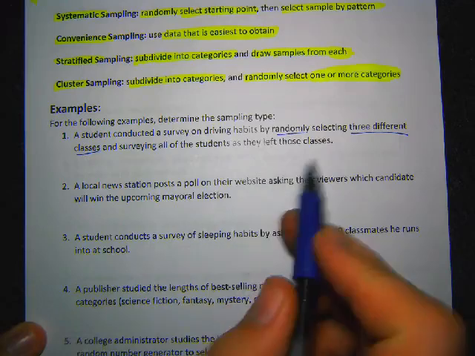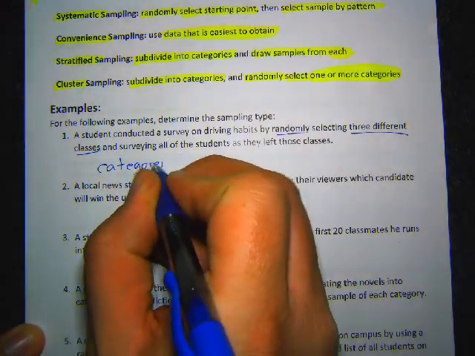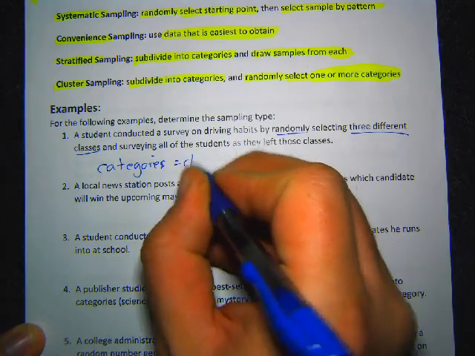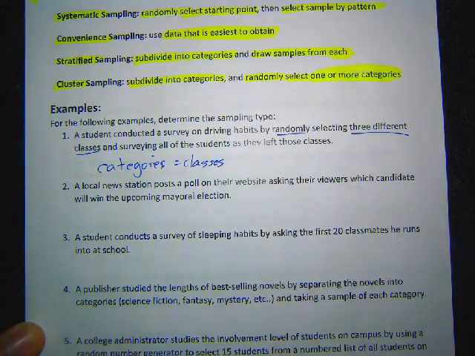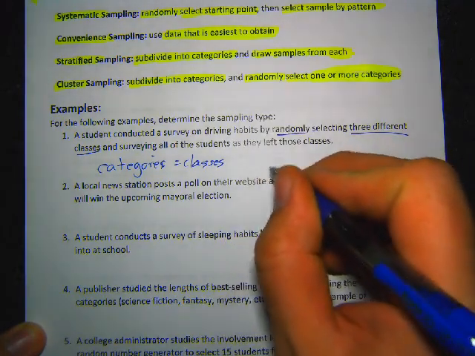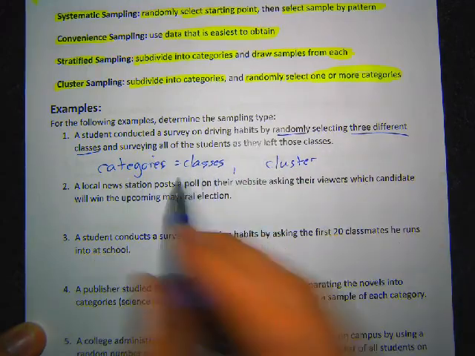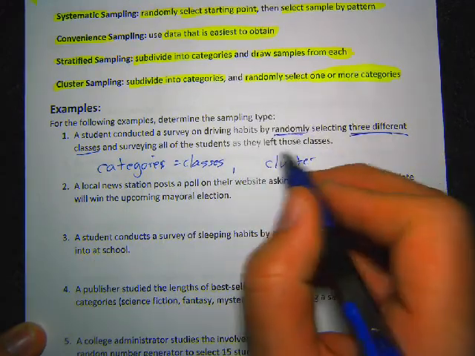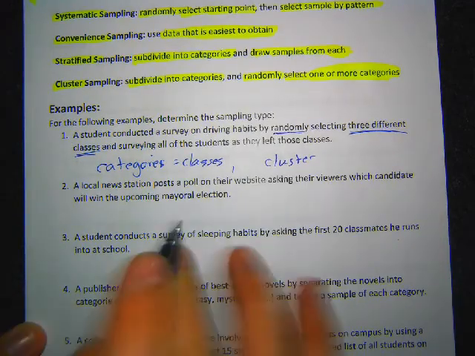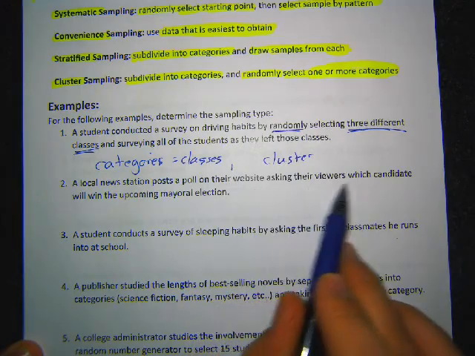The categories were the classes, and then they selected some of those classes. Because they used categories and then picked some of those categories, we're going to do cluster. So that's cluster.